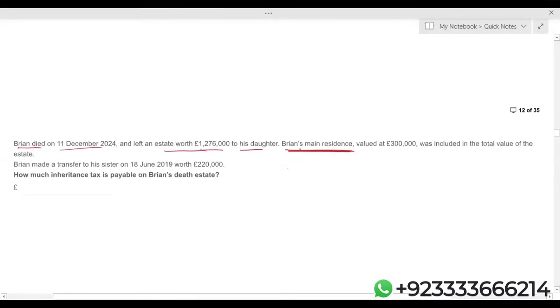Brian's main residence, valued at 3 lakh, was included in the total value of the estate, and Brian made a transfer to his sister of 220. When the main residence is left to a direct descendant, meaning children and grandchildren, then in addition to the normal nil rate band, that individual also gets residential nil rate band of 1,75,000.